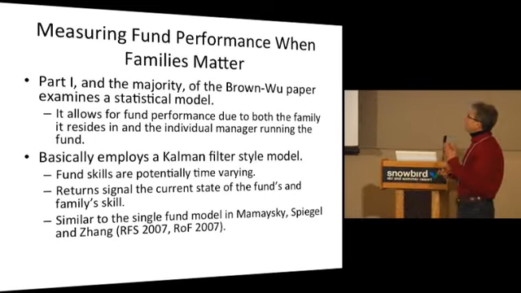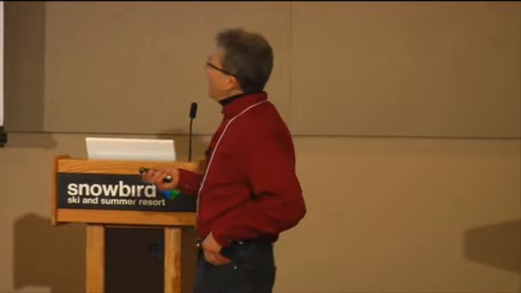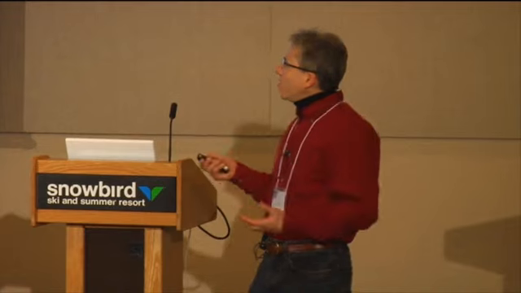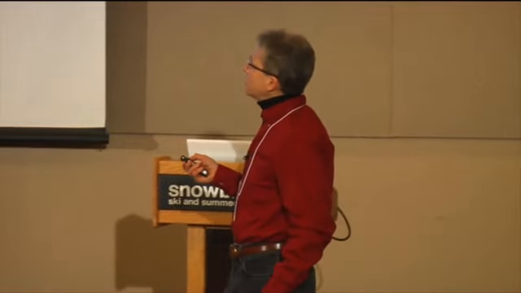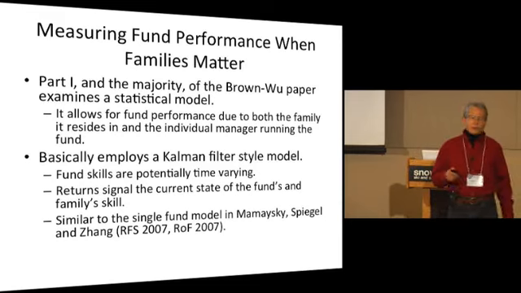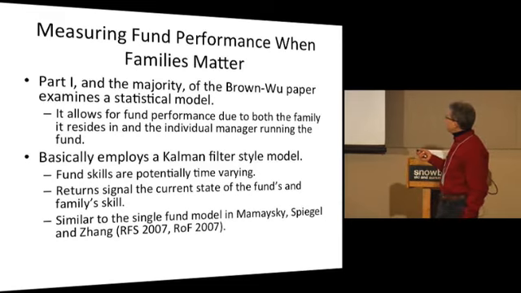It's really a type of Bayesian learning statistical model, which I have nothing wrong with. I think that's perfectly fine. But what it really is, it's a way of looking at the data. And it basically employs a Kalman filter style model when you get done, right? When you look at it, well, how would you do this? You wind up with this Kalman filter model in which fund skills are potentially time varying and returns signal the current state of the firm's family, the fund and family skill.